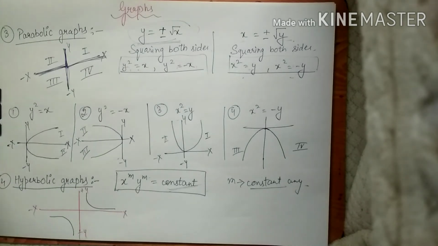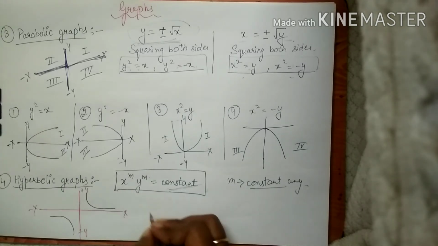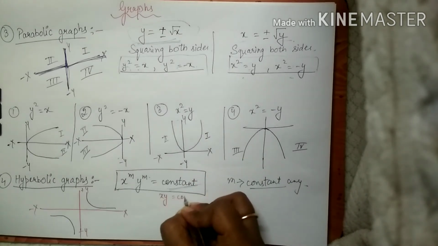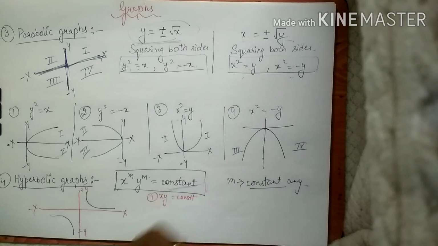Now suppose there are 2 to 3 types of equations given to you, and you have to find out which one equation is preferred for which one type of graph. For example, you have been given 3 types of graphs like this. First you have been given equation xy is equals to constant. This is the first equation.